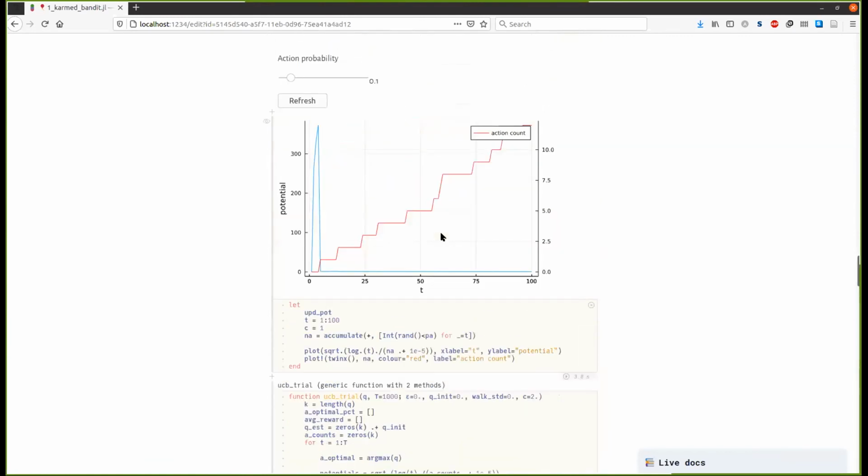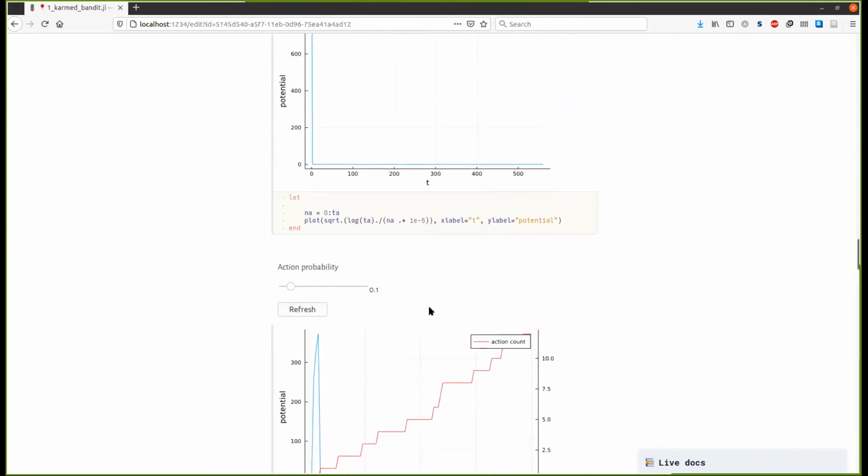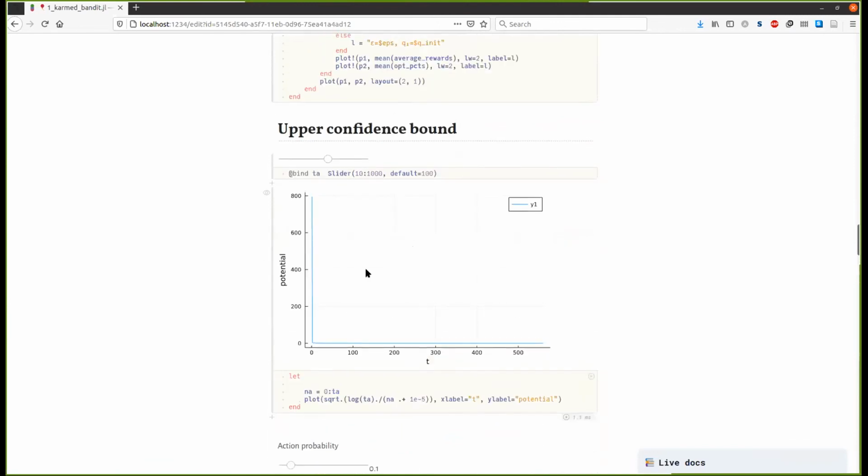For the first 10 steps, we take different actions, and by the 11th step we have some estimate of value for each action.